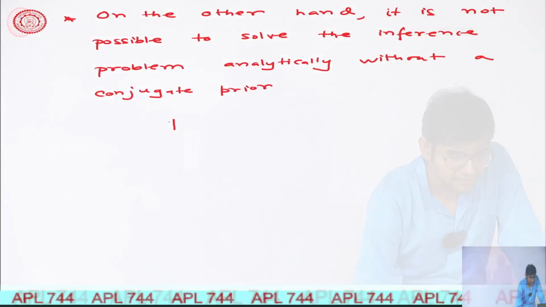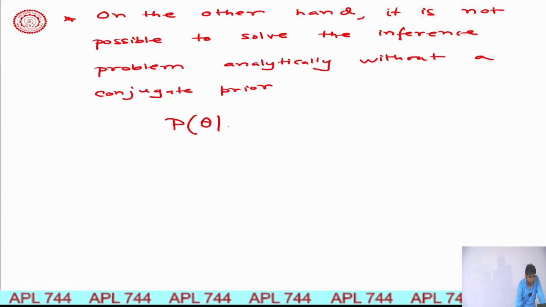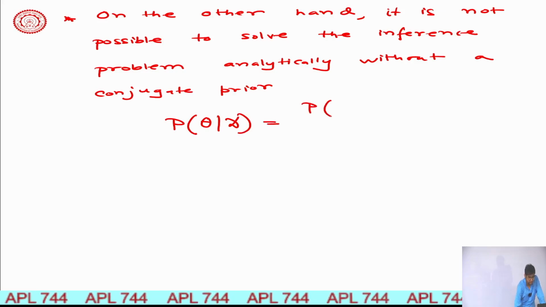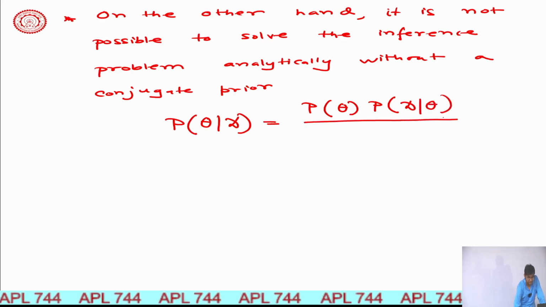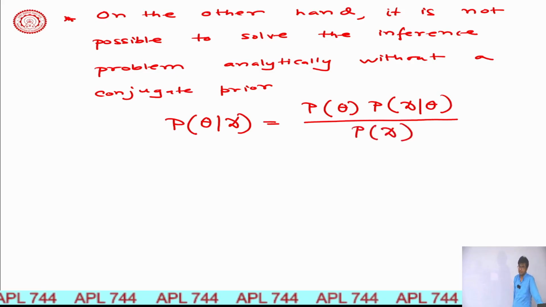So just to write things mathematically, you are trying to find out probability of theta given D, which is equal to probability of theta, which is my prior, times probability of D given theta, which is my likelihood, divided by probability of D, which is my model evidence.